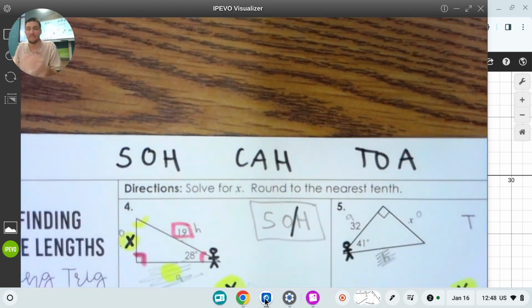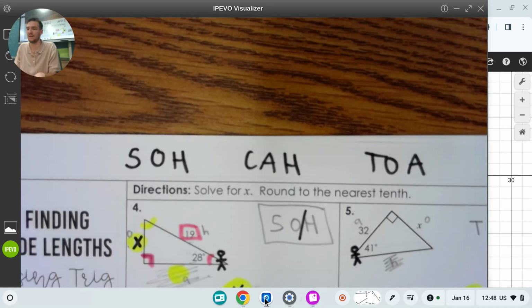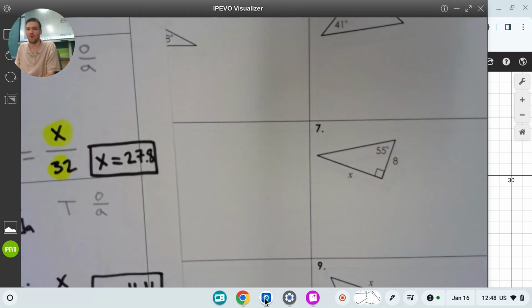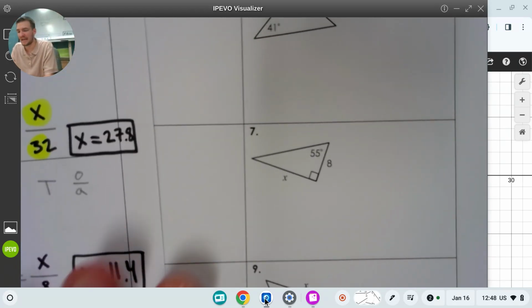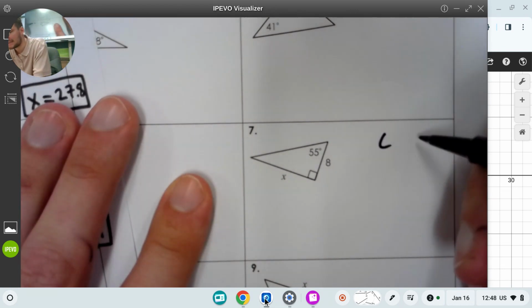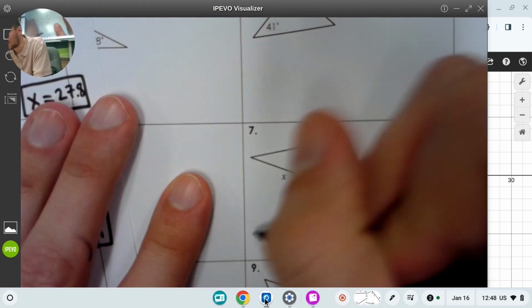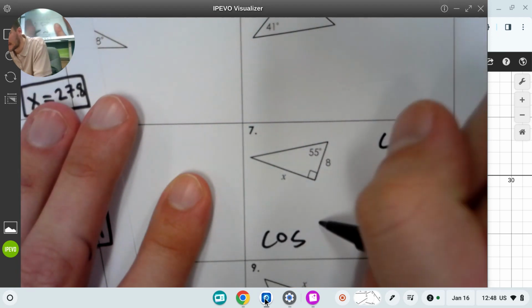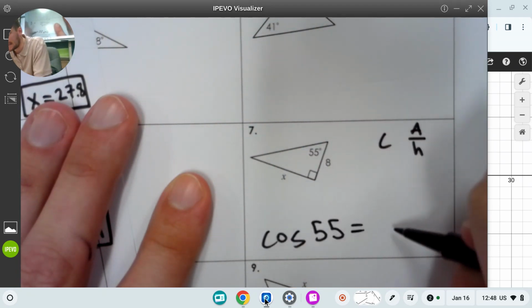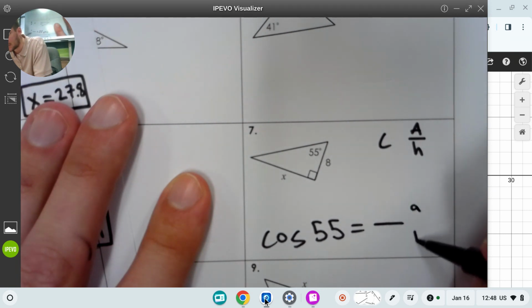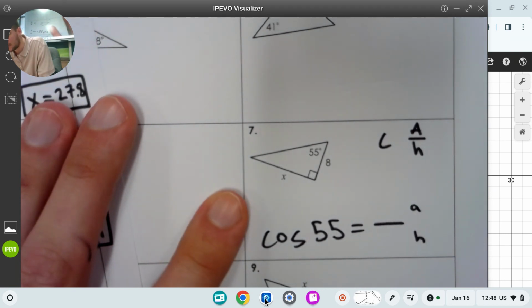Okay? Now, the best news here is if you do it wrong, right? So let's just say that I'm like, oops, let's use cosine for this question. And so I say, okay, well, the cosine of 55 is equal to fraction, the adjacent over the hypotenuse.